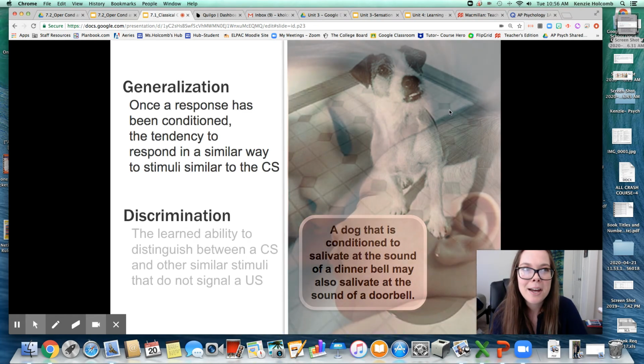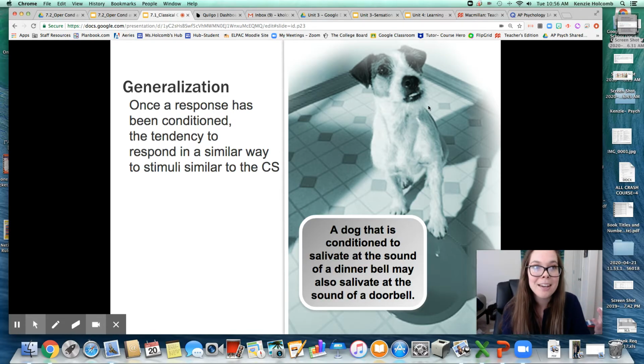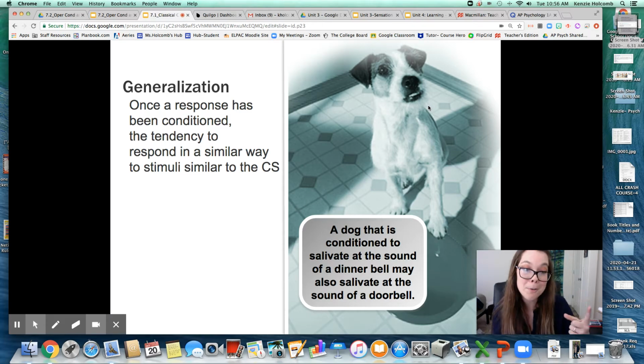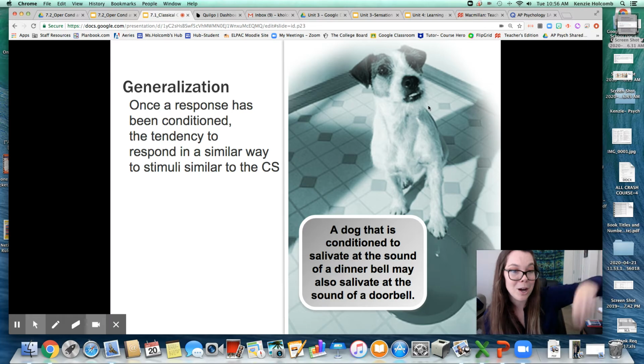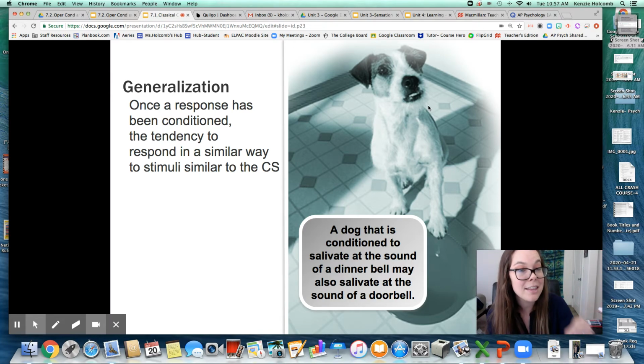So we do have generalization. Generalization is, once a response has been conditioned, the tendency to respond in similar ways to stimuli similar to the conditioned stimulus. So, for example, in layperson terms, if you use a bell with the dogs, they might start to associate the bell with ringing a doorbell, and they'll do the same response.